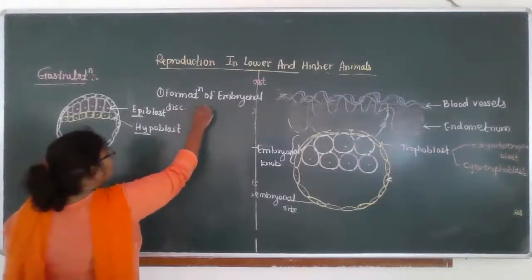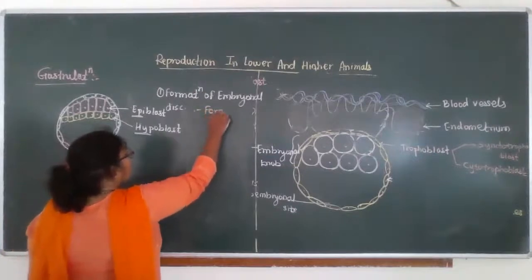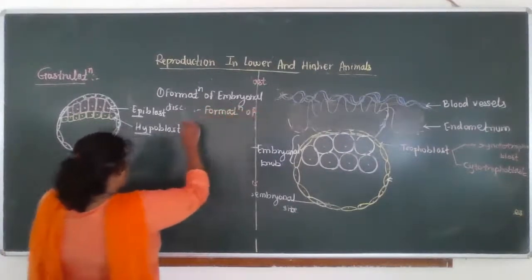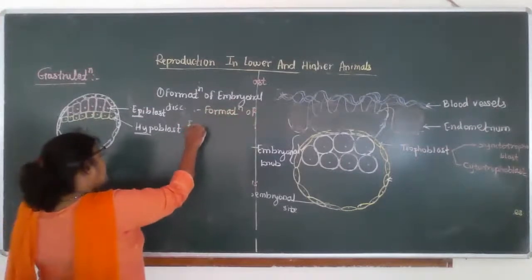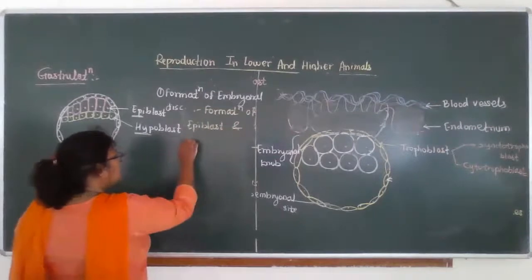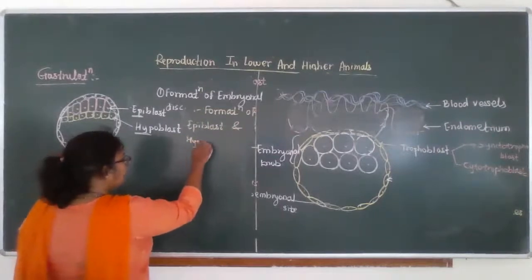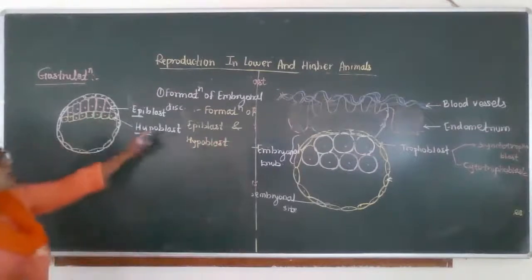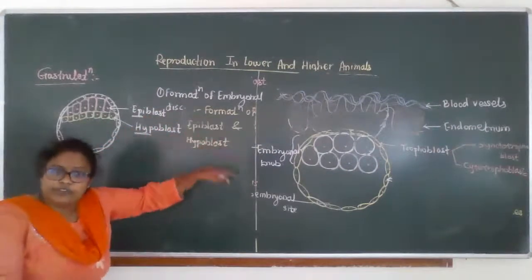I will write here: formation of epiblast and hypoblast. So during formation of the embryonal disc, what gets formed?